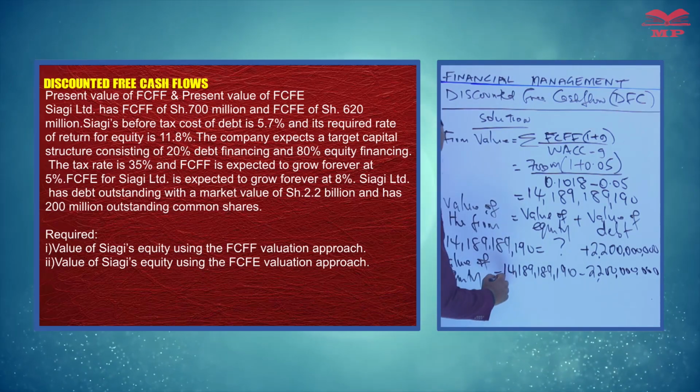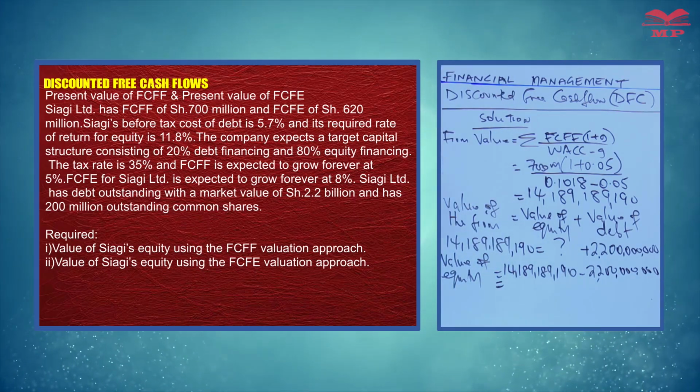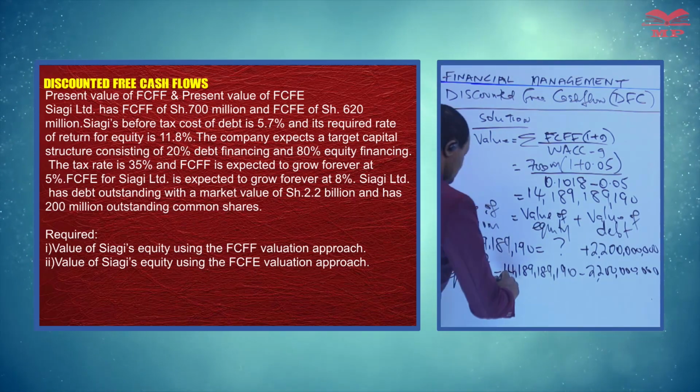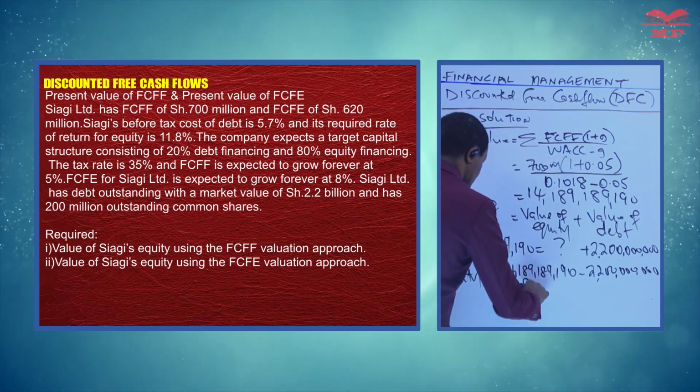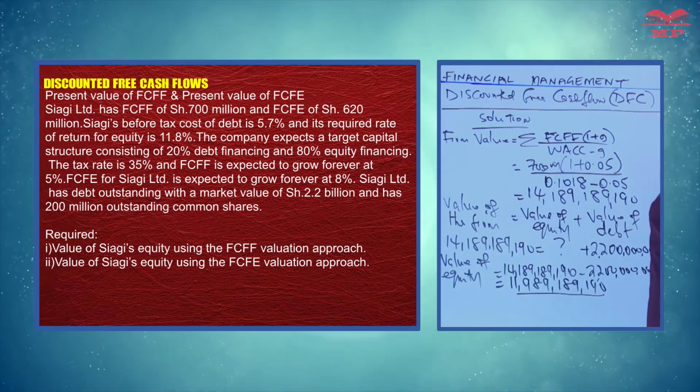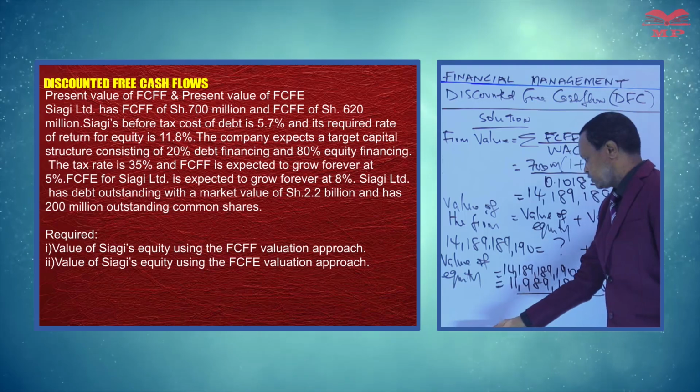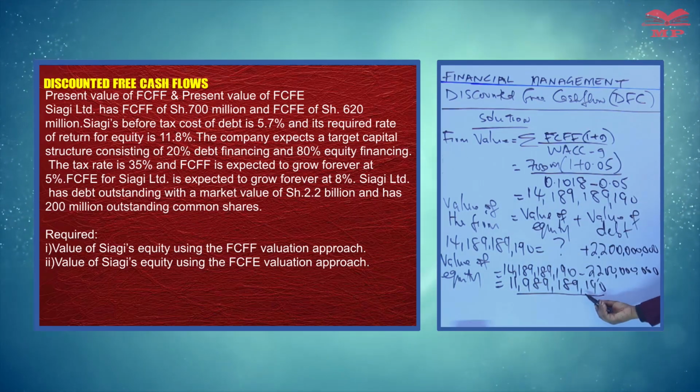How much is it? 11 billion 989. This is the value of equity, total equity.